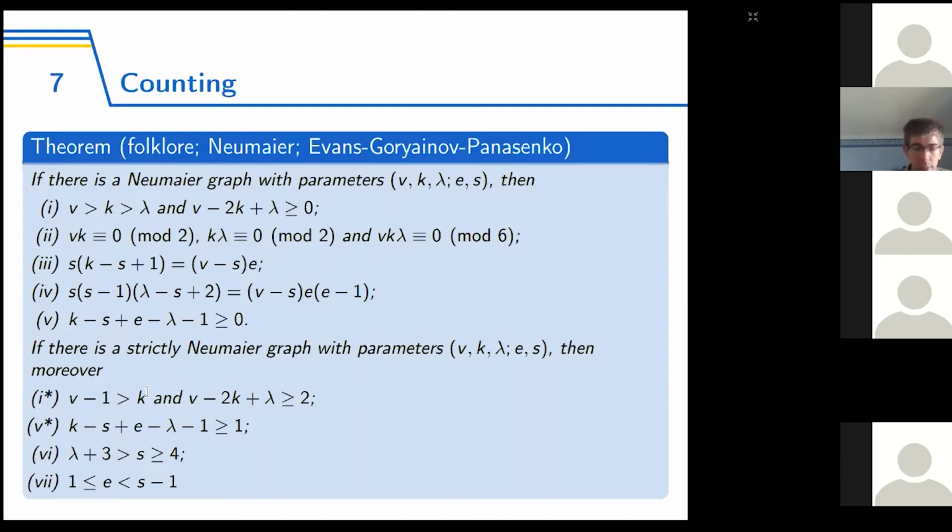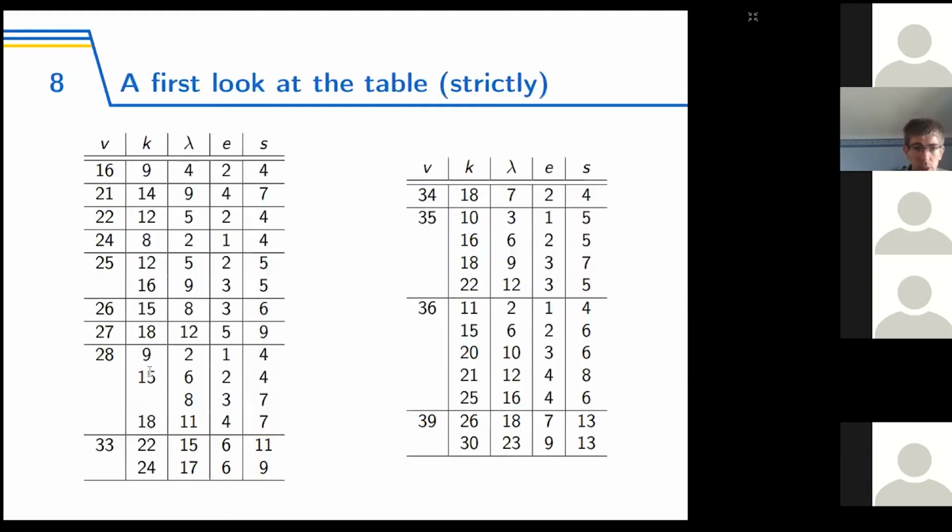So with this in mind, with these 7 conditions, what you're going to do, you make a table. If you restrict the number of vertices to at most 39, these are all possible parameter sets admitting the 7 conditions for strictly Neumaier graphs from the previous slides.